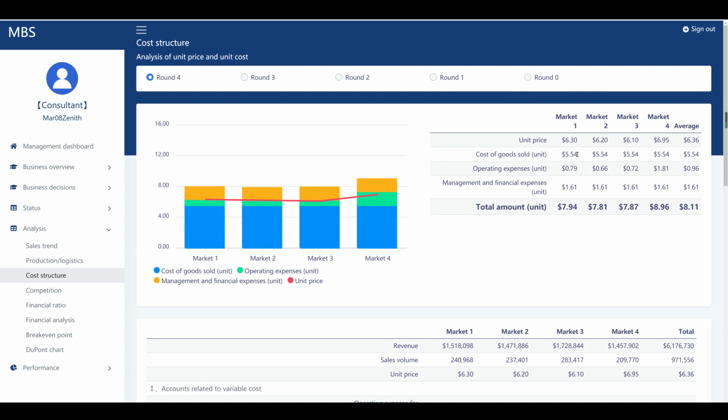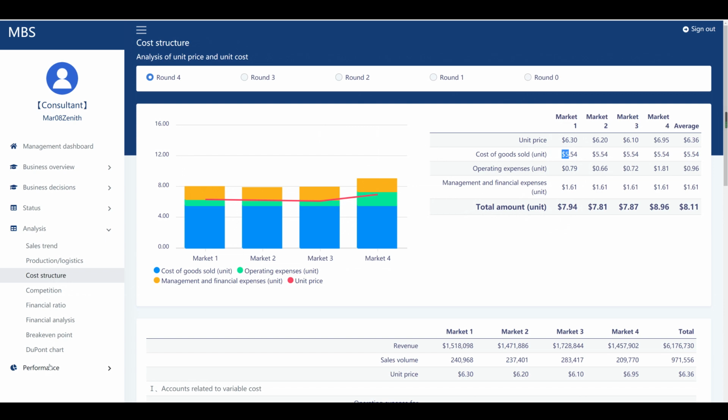For this one, to manufacture each unit, you have to spend $5.54. And if your raw material cost is $4.50, it will affect the final cost of the unit. As you see, there are benefits in buying more raw material in the very beginning.